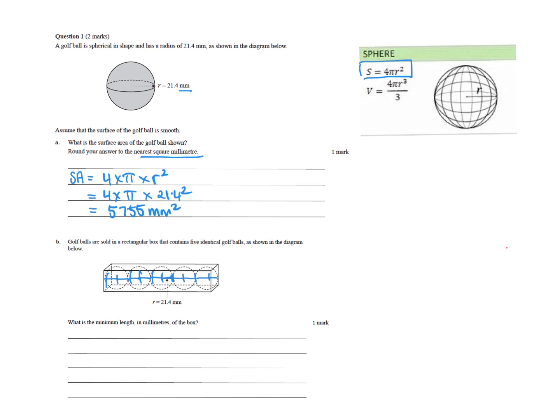So if you've got 5 balls, you've got 10 radiuses. So 10 times the radius would be the minimum length. So 10 times 21.4 equals 214 millimeters. And it said in millimeters, so I'll leave it at that.